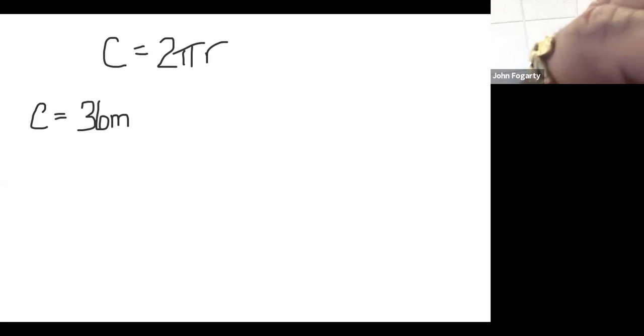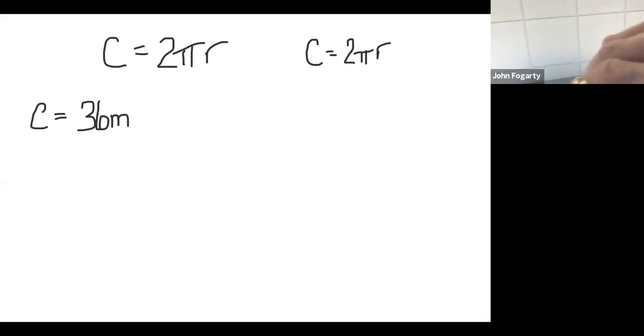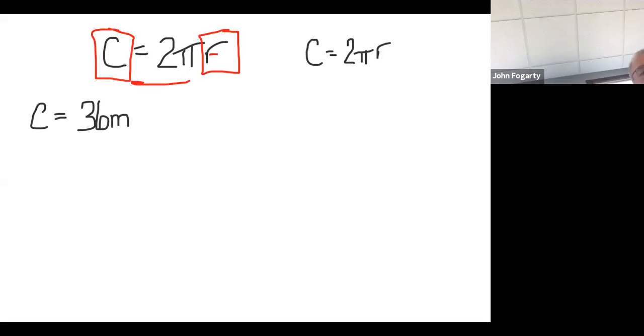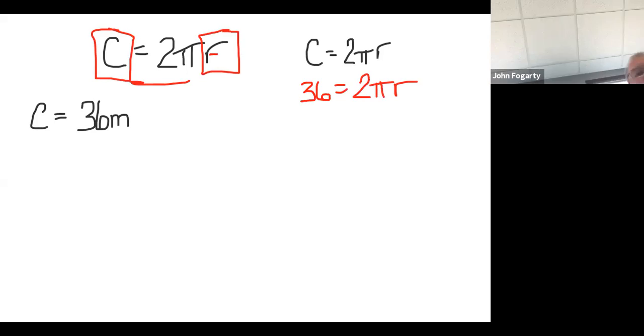Well, I would still take my formula, but instead of trying to find C and knowing R, I'm going to try to find R when I know C. So I simply substitute. 36 equals 2 pi R. Now all you got to do is get R by itself. Divide both sides by 2 pi. Over here, you're left with the radius.